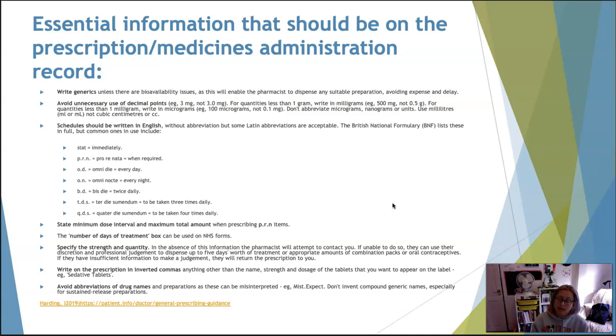However, there are some times that we might be using our Latin abbreviations. These can be found in the BNF, but examples of these are things like STAT, which means immediately, or PRN, as required, OD, every day, ON, every night, BD, twice daily, TDS, taken 3 times a day, or QDS, taken 4 times a day.